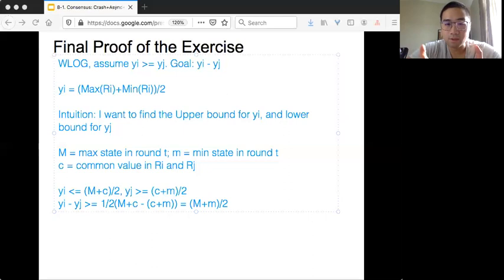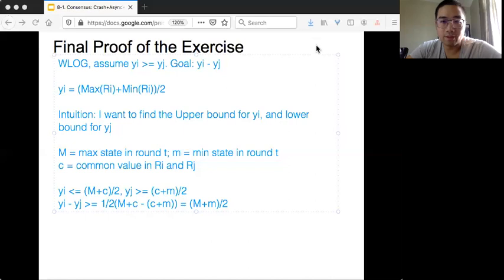What does that mean? That means the difference between any two nodes yi and yj would shrink by half in one run. Because this applies to every pair of nodes yi and yj, this is enough to show approximate agreement. The final mile for the completed proof, I will leave as an exercise for you. Okay. So that's about it.